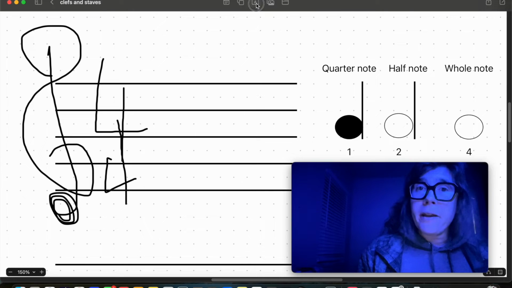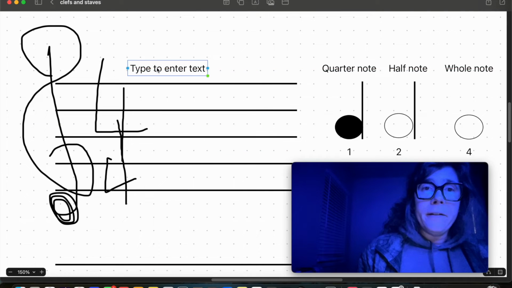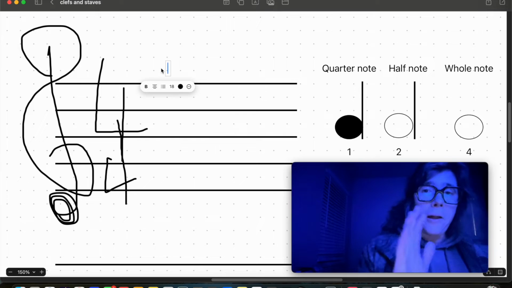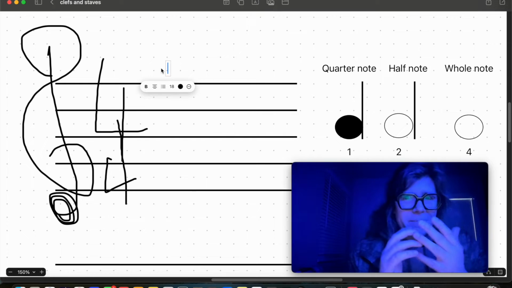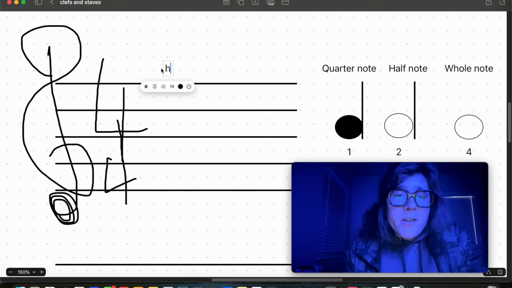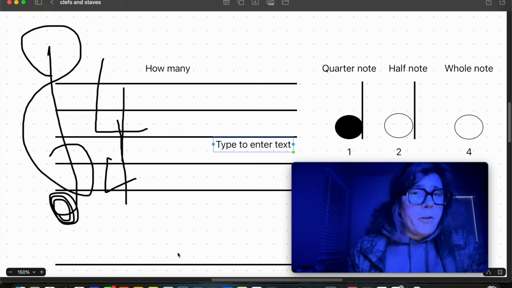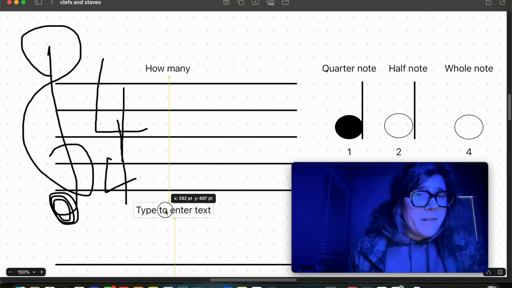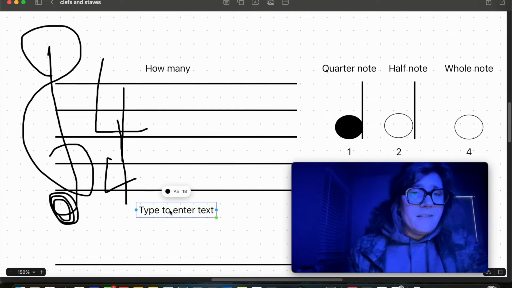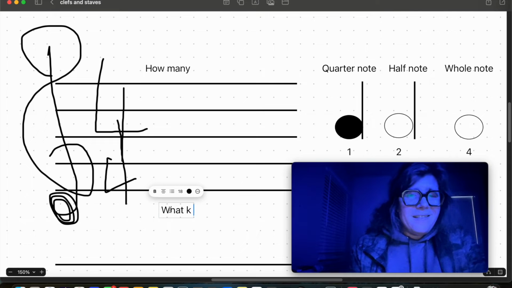Well, let's think about it this way. I'm going to write up here the number on top, and I'll explain. This might not make a ton of sense from the get-go. The number on top is telling us how many, and the number on the bottom is telling us what kind.